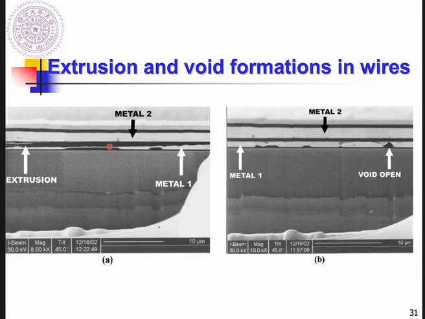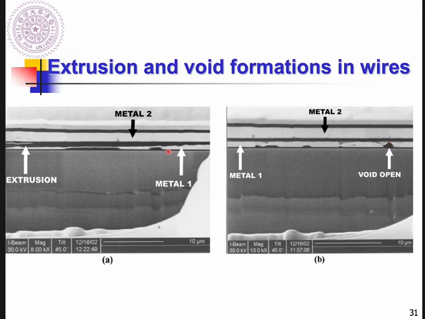We also have metal one at the bottom and metal two in the middle. You can see extrusion happening on metal two, and a void forming in metal one. The same idea applies for this image, where we can visualize the void opening in metal one.